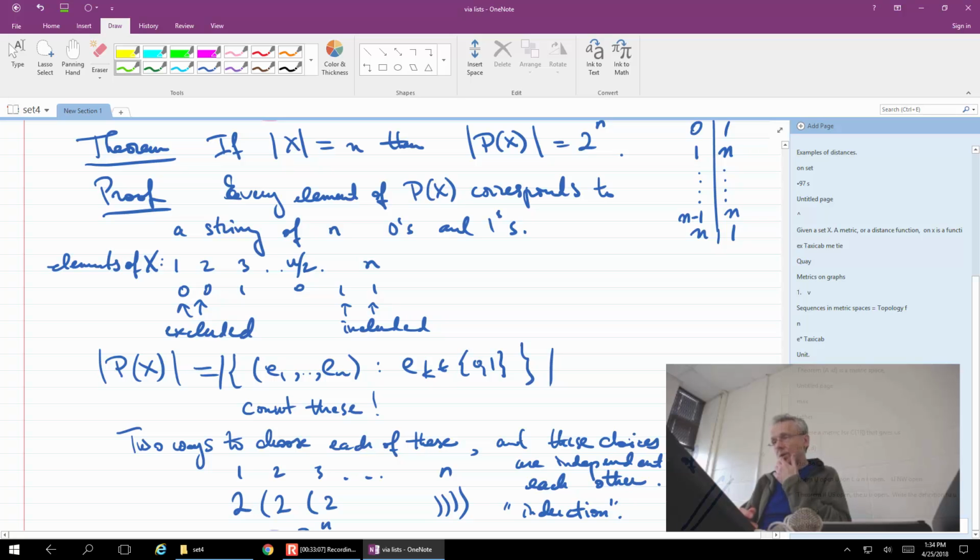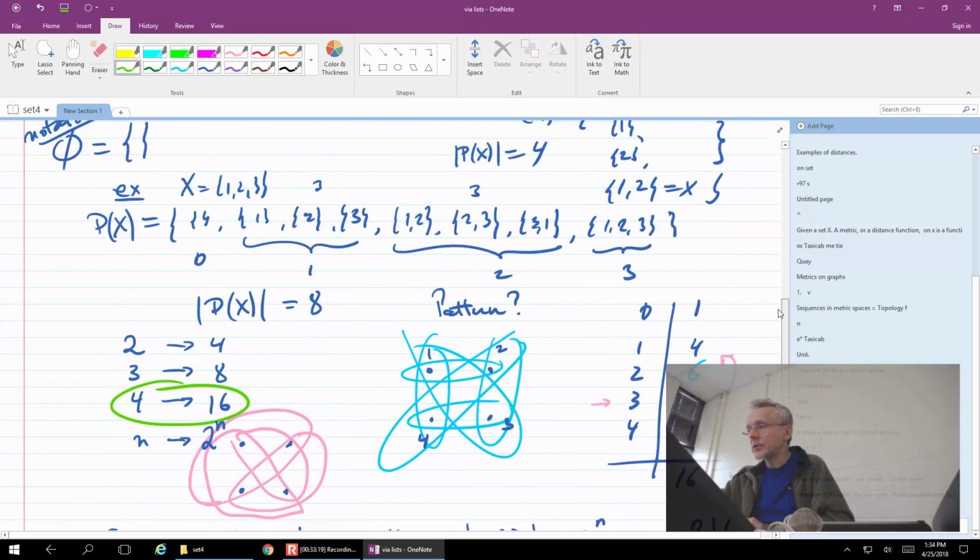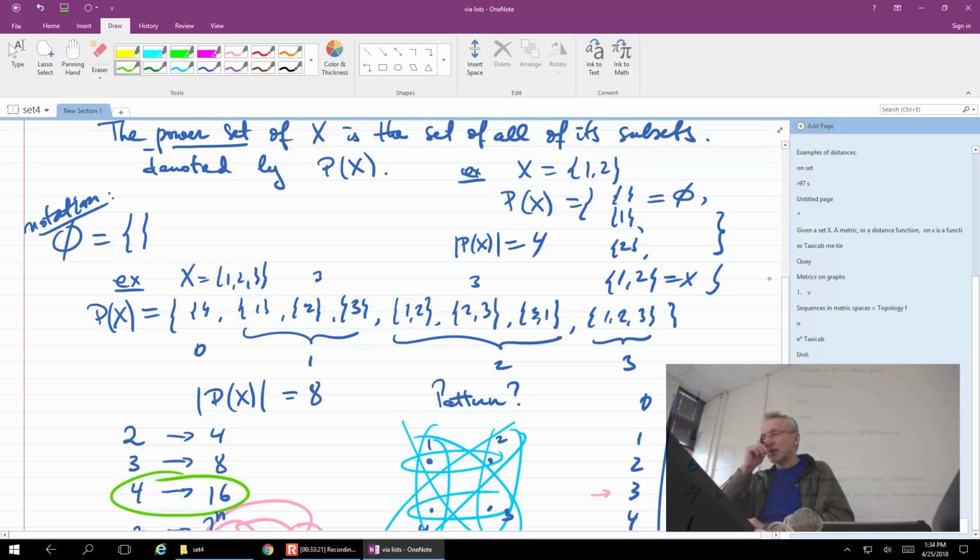Okay, so that's one nice property of the power set of a set. It is totally counted. Everything is accounted for by this formula when the set is finite.